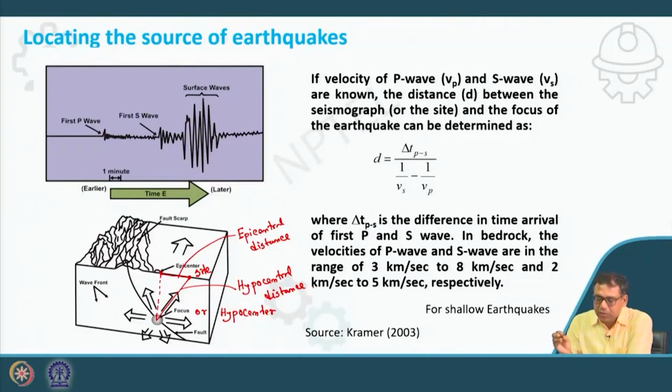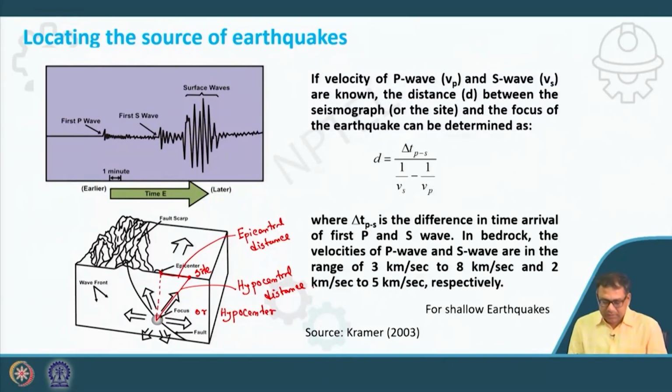Now if I know the velocity of the P wave and S wave, then the distance between the seismograph, the site where you place the seismograph, and the focus or hypocenter of an earthquake can be determined by this equation.